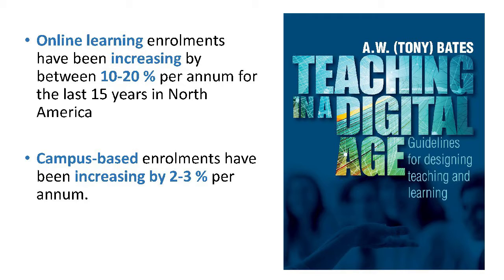and fully online courses. So he writes that online learning enrollments have been increasing by between 10 and 20% per annum for the last 15 years or so in North America, compared with an increase in campus-based enrollments of around 2–3% per annum.